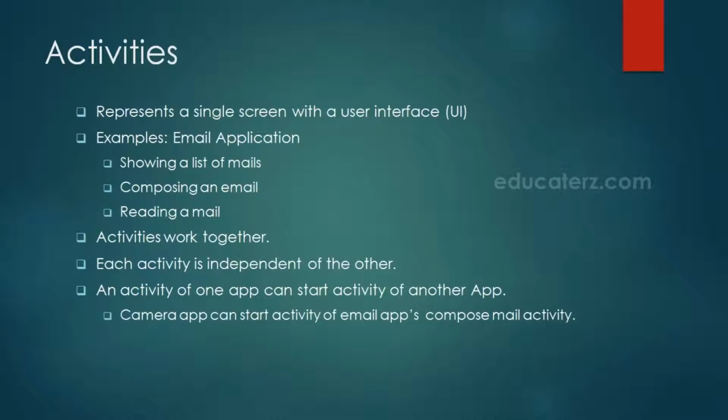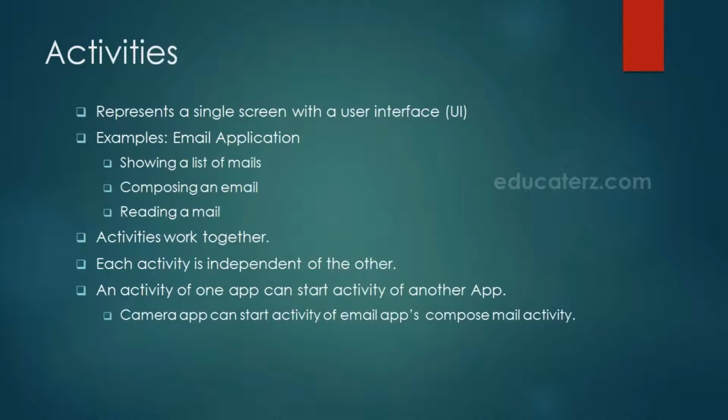The first one is activities. An activity is a single screen with a user interface in our mobile application. The best example is an email application or Gmail, because we use it mostly in our regular life. Showing a list of mails, that is your inbox, is an activity where the user interacts to select a particular email.